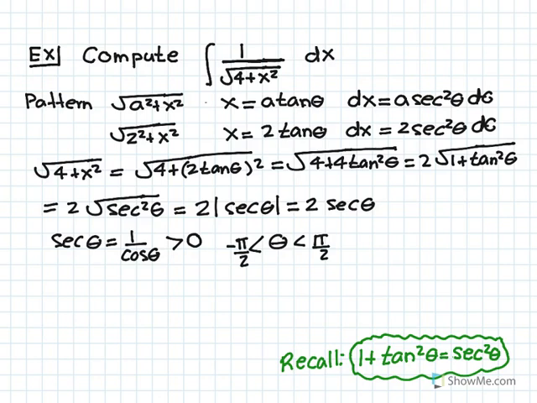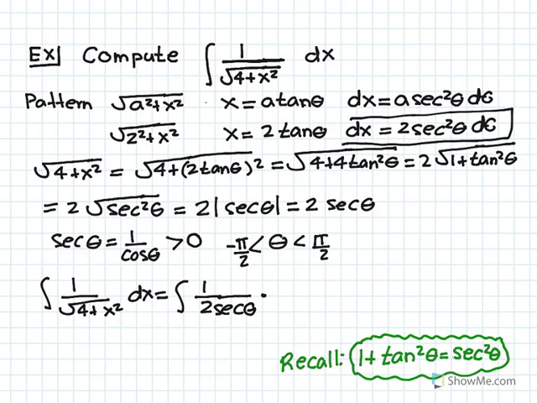So what we have shown is the integral 1 over root of 4 plus x squared dx. We have simplified this as integral 1 over 2 sec theta times dx. dx is equal to 2 secant squared theta d theta.